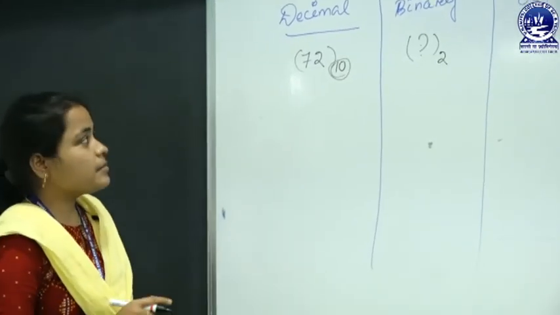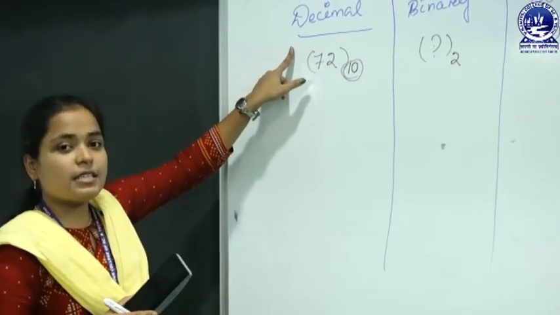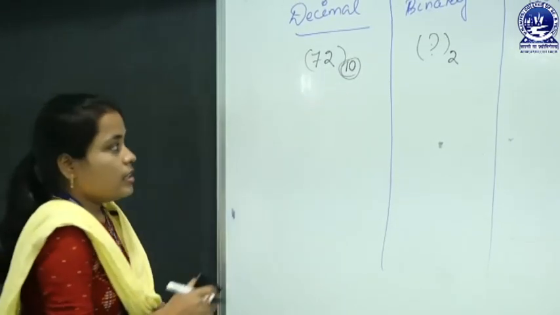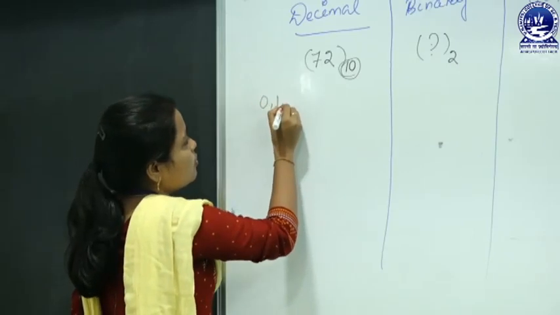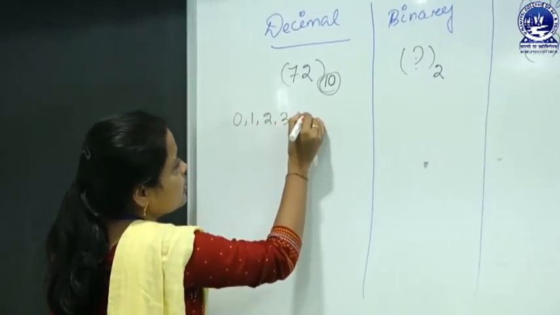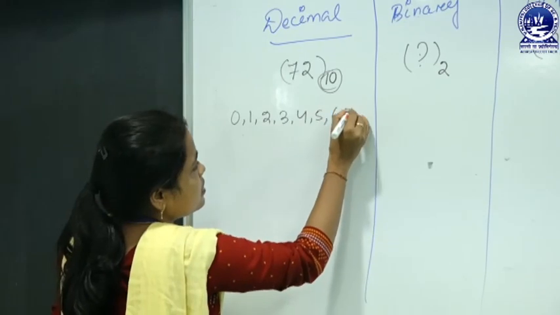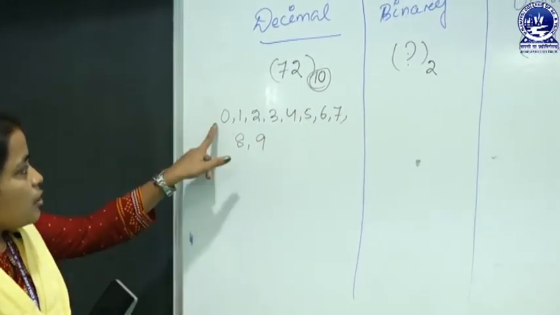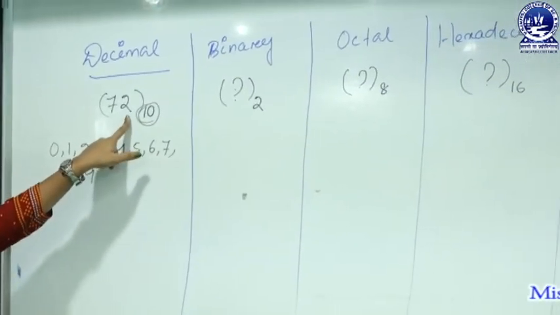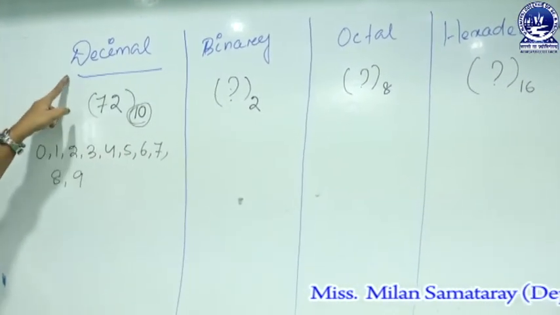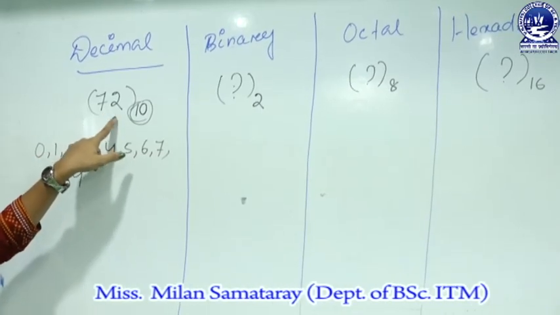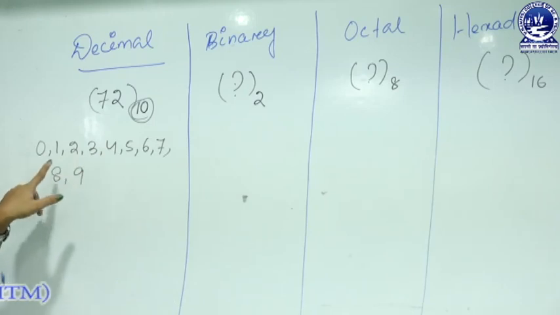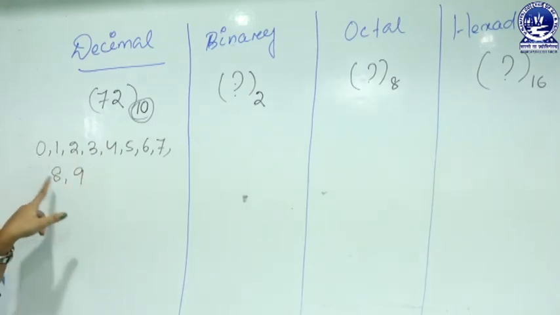Radix 10 means to represent a decimal number we can use 10 digits only. That means 0, 1, 2, 3, 4, 5, 6, 7, 8 and 9. That is 0 to 9, 10 digits. So, to represent a decimal number, maybe it is 72, maybe 1000, maybe 1 lakh, anything, we can use only these digits 0 to 9.